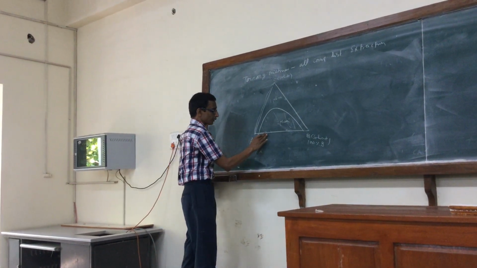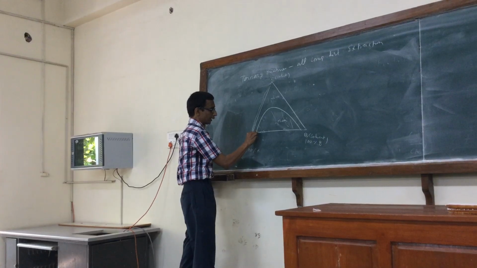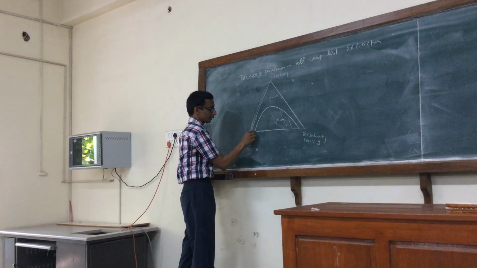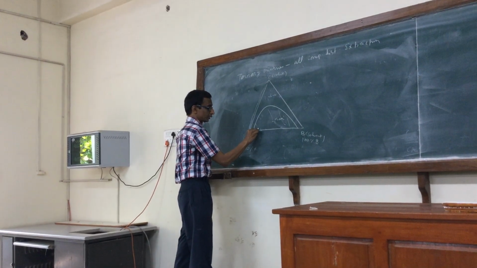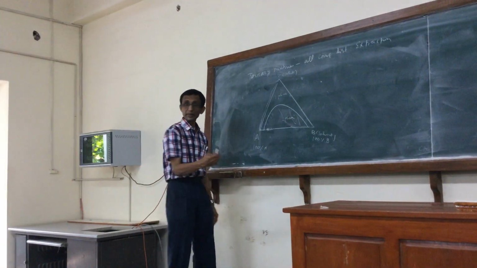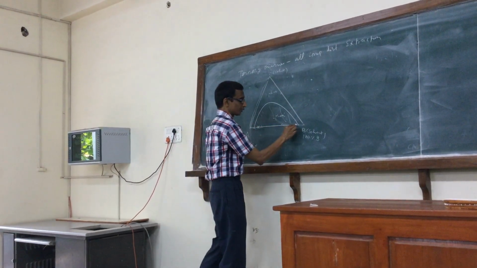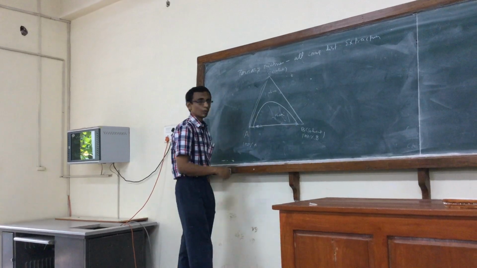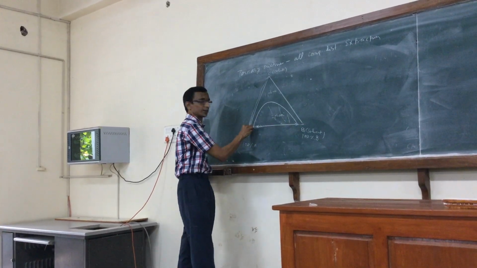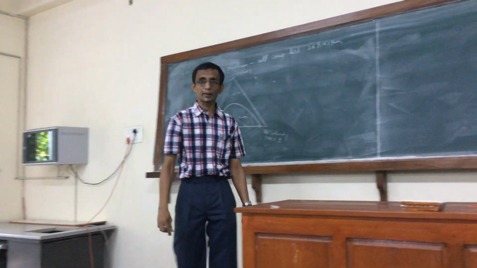So clearly what this envelope means is that the moment I add enough B so that I am at this point, this mixture will separate into two phases. One which is rich in B, another which is rich in A.